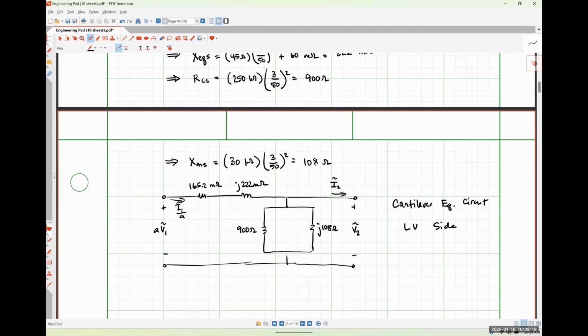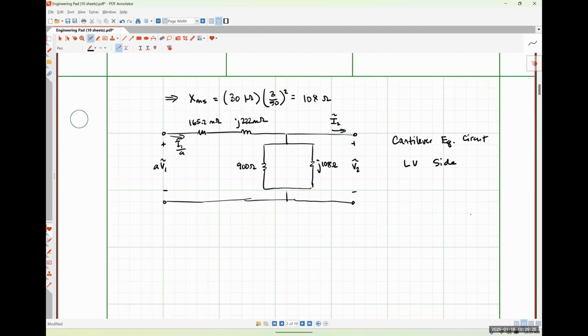All right, so let's use these equivalent circuits to do something. Part C, let's say that we will assume this transformer is supplying a rated load at 480 volts RMS.